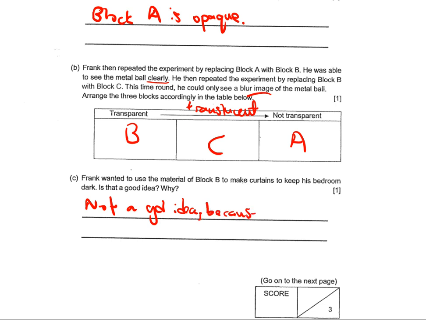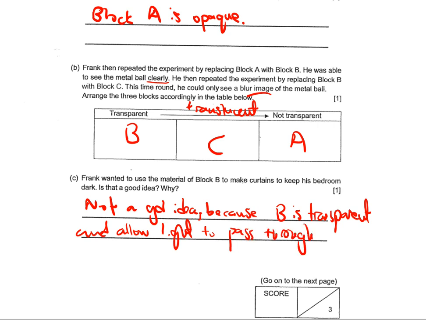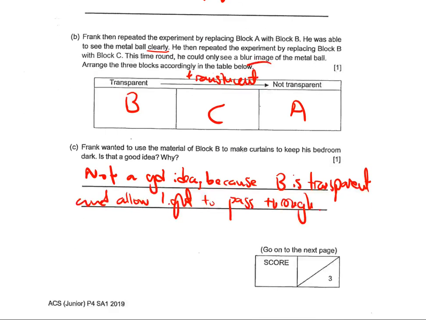B is transparent and allows light to pass through.